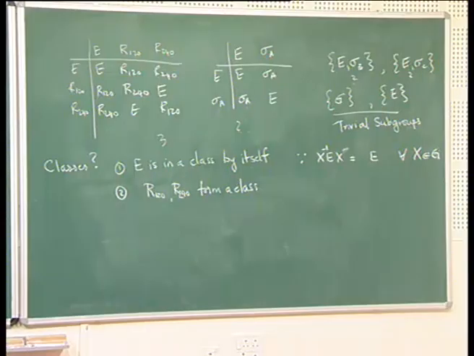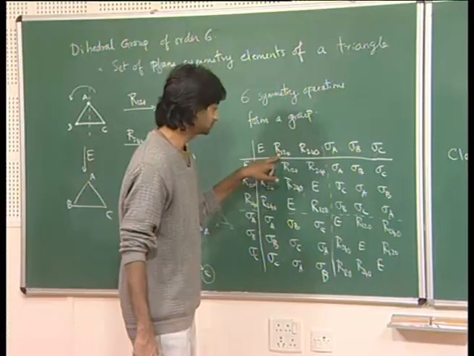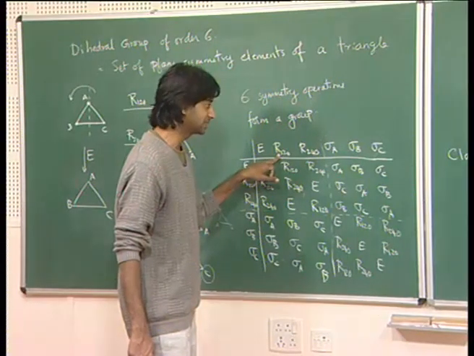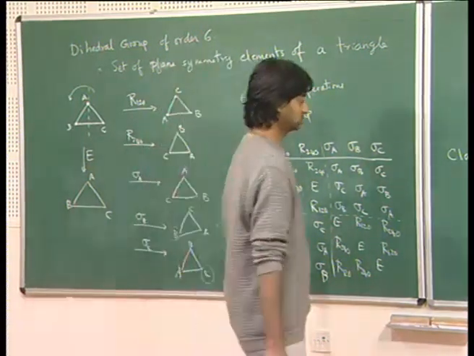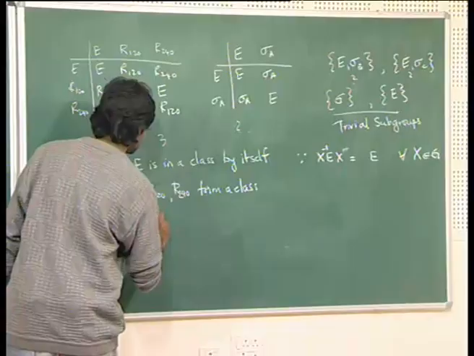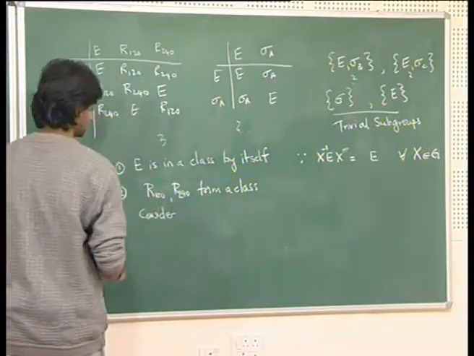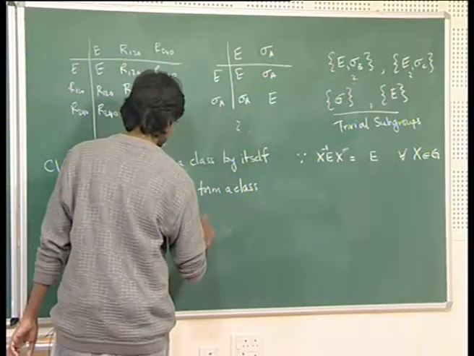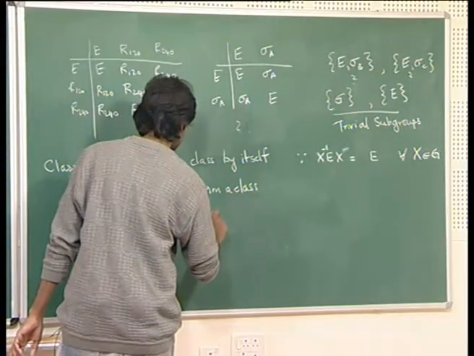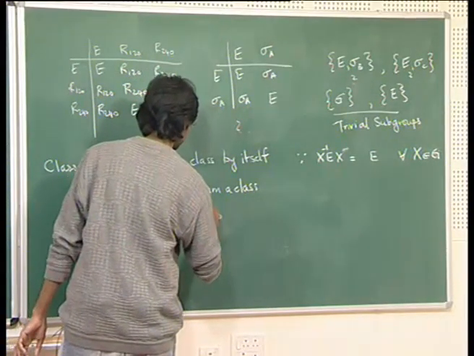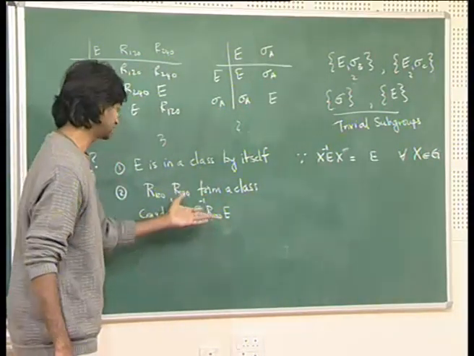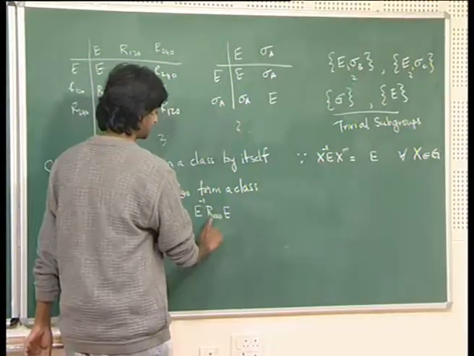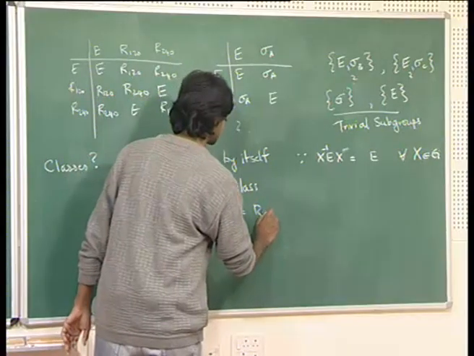Okay. And you can verify this because suppose I take R 120, and I multiply it on the right by sigma. So, for example, suppose I take E inverse R 120 E. E inverse is just E, the inverse of the identity is the identity, R 120 into E. So, this is R 120.